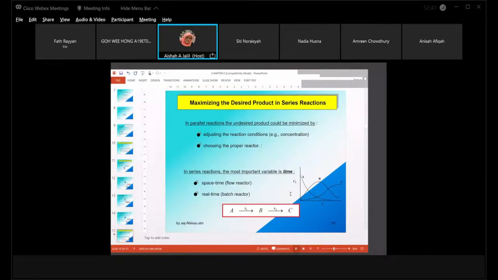So there is an example in the textbook regarding this series reaction. Sometimes they want you to calculate the maximum time for the B. Please study from your textbook.